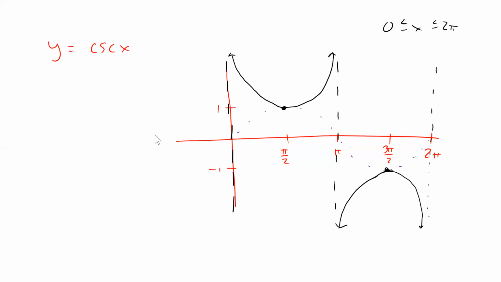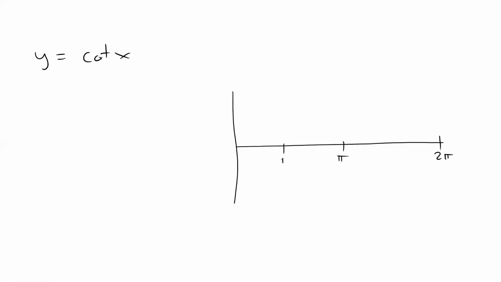Okay, and cotangent. y is equal to cotangent x. It's usually given just like that, with 2 pi, pi over 2, 3 pi over 2.